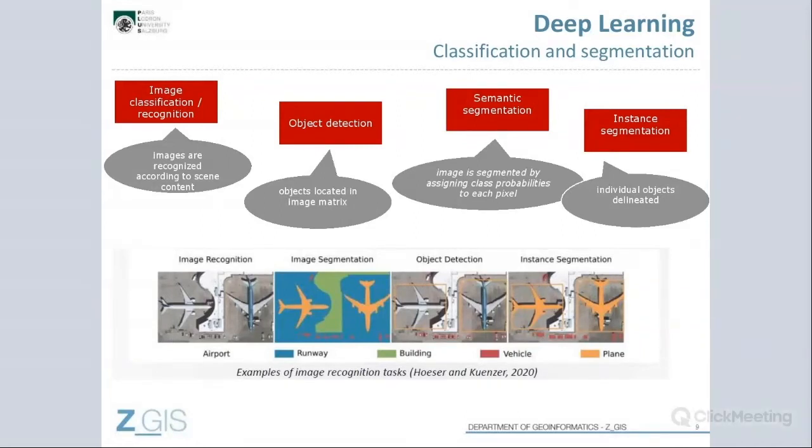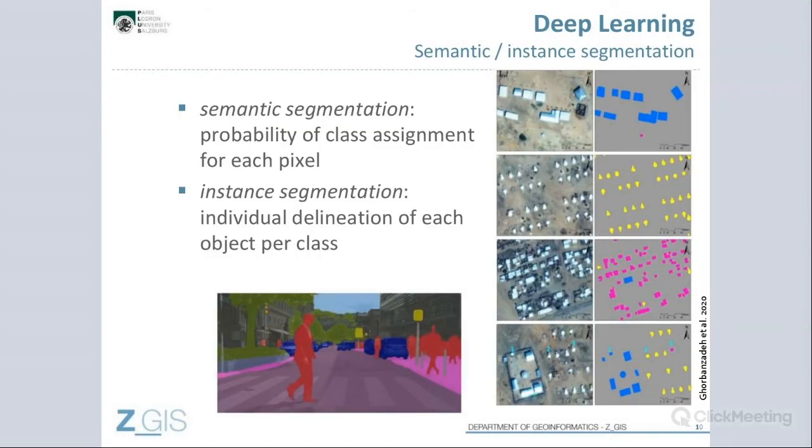Last but not least, and this is then the last slide, it just highlights the difference between semantic segmentation and instance segmentation. These are sort of the flagships nowadays in image analysis, because this is quite important for the tasks that we are doing, because in the end we will have a result where we can really do a full-scale representation.